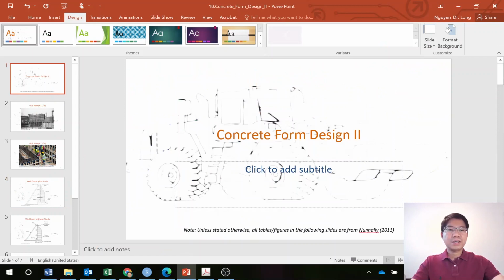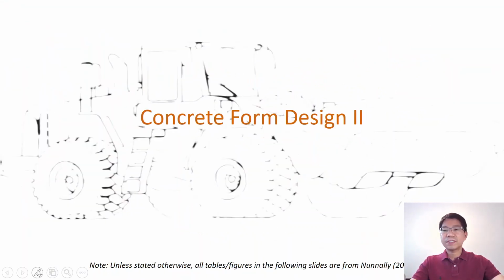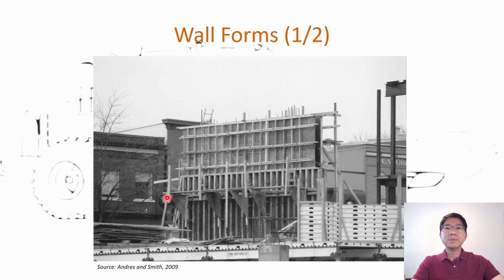So this is concrete form design 2 with some slides that you have. So this is the wall forms, and you can see you have the sheathing, and then you have the vertical member that we call the stud, and the horizontal member, and you can see there, that is the wales.